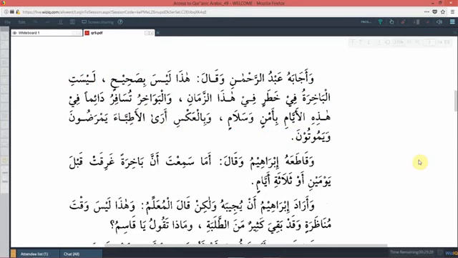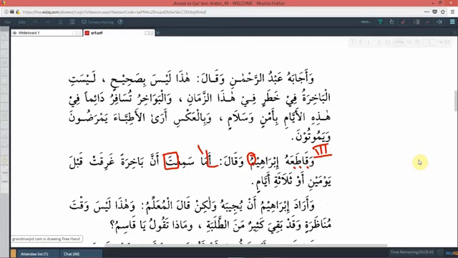وقاطعه إبراهيم. قاطع, right, from qaf ta ain, meaning to cut in its original word. Here, this is form 3, meaning to interrupt. وقاطعه إبراهيم. Ibrahim, the fa'il, marfu with a dhamma here, he interrupted him. وقال, and he said, أما سمعت أن باخرة غرقت قبل يومين أو ثلاثة أيام. أما, here is a question. ما is a negation. سمعت, you heard.